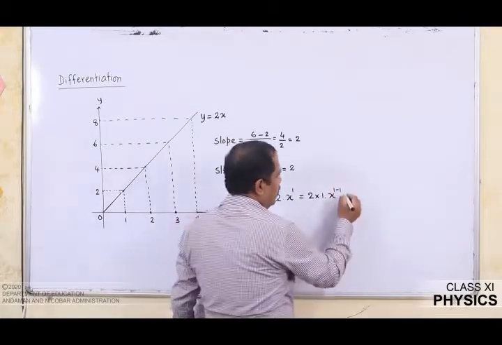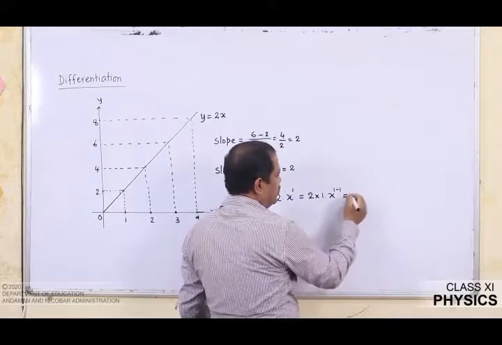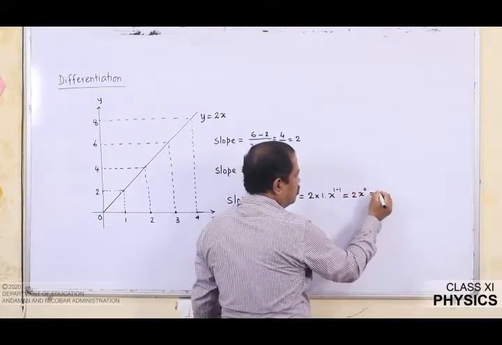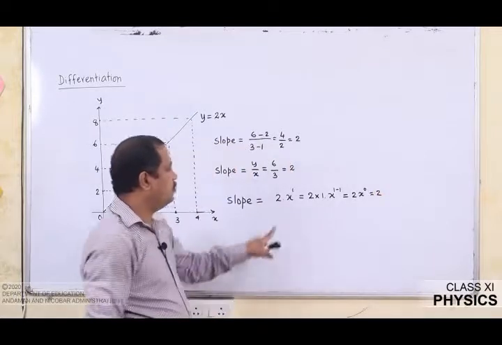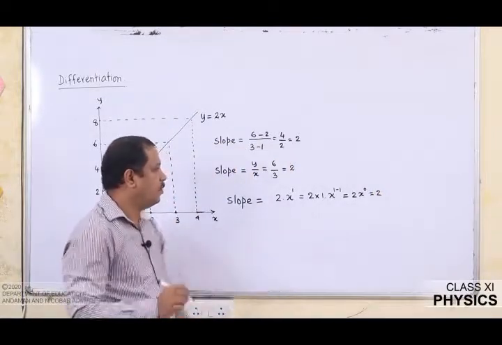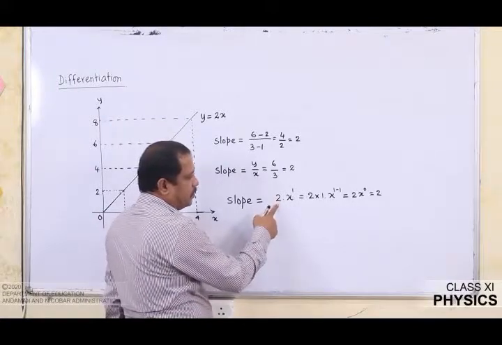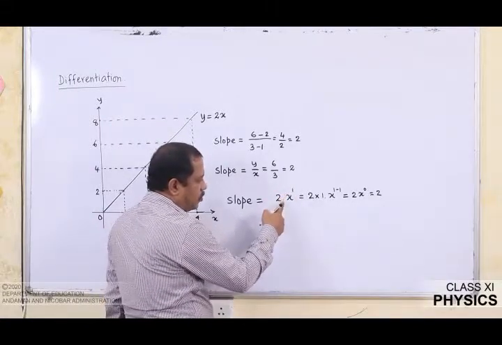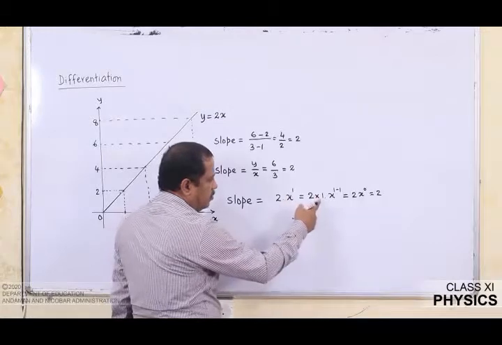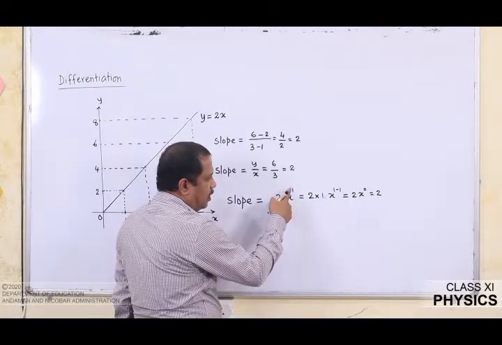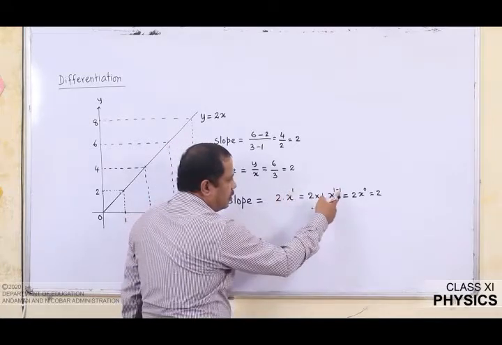So, I have 2 times 1, which is 2x power 0, which is again 2. So, this was a simple technique that I used. Simply what I did is, I kept the coefficient of x as such, multiplied the power with the coefficient, 2 times 1 times x, and from the power I subtracted 1.